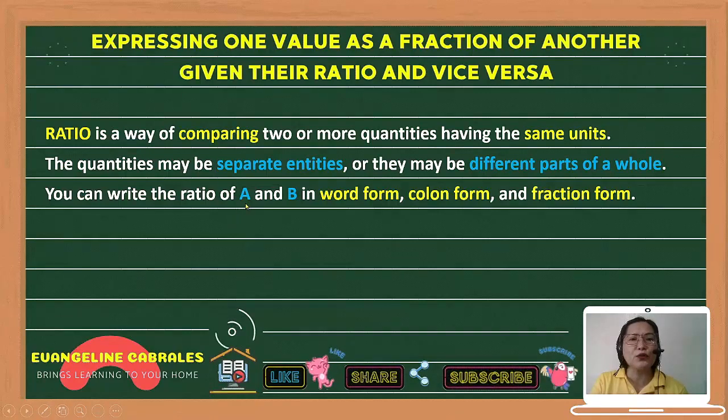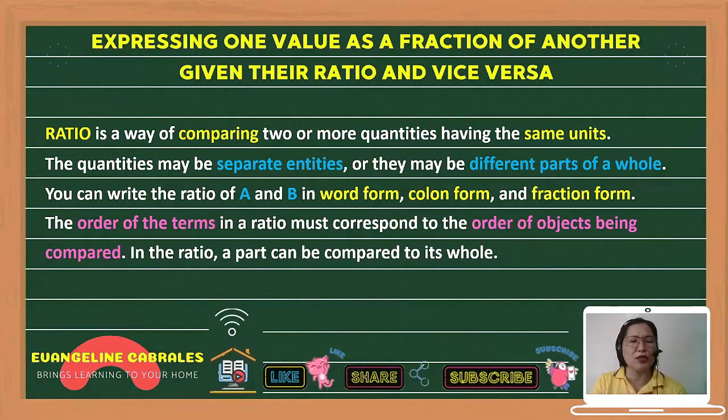So, let us focus on A and B. Kasi sila yung gagamitin natin sa ratio. Sila yung sample. The order of the terms. Yung terms na tinatawag, ang example niyan ay yung A at saka B. Ginamit lang dito ay letter, pero pwede rin itong number. Okay? So, itong A and B, pwede rin yung 1 and 2, 3 and 4, or whatever number we can have.